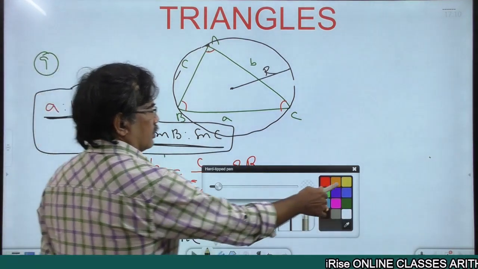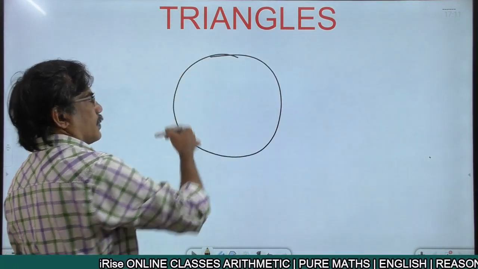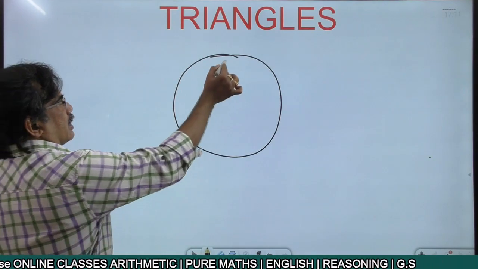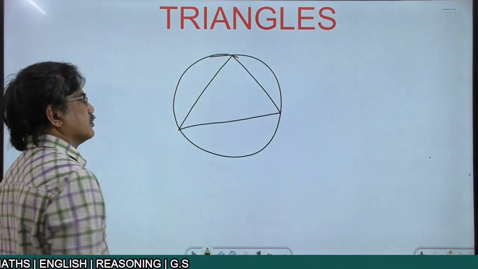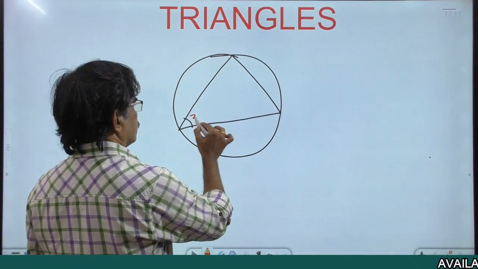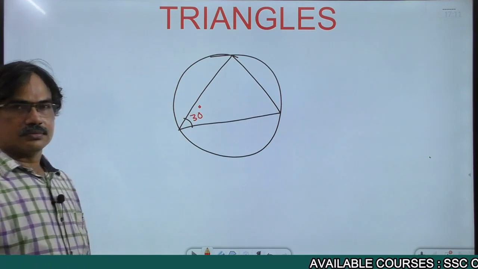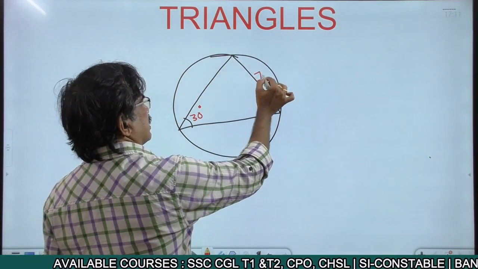See, this is a circle and a triangle is inscribed in this. Let this angle be 30 degrees and consider this side as 7 centimeters.